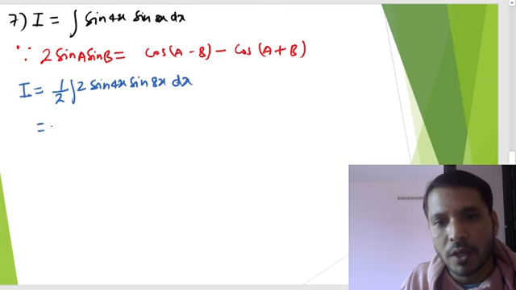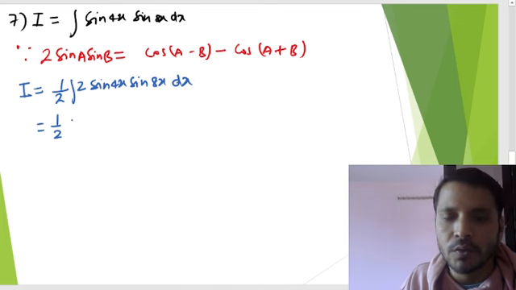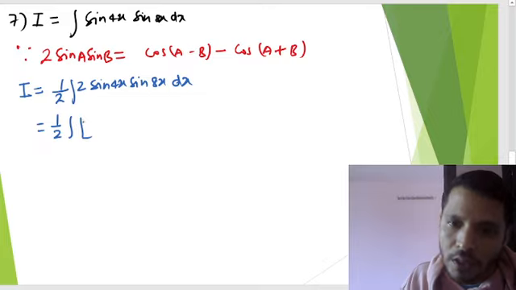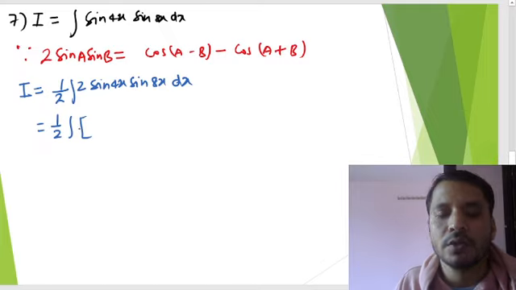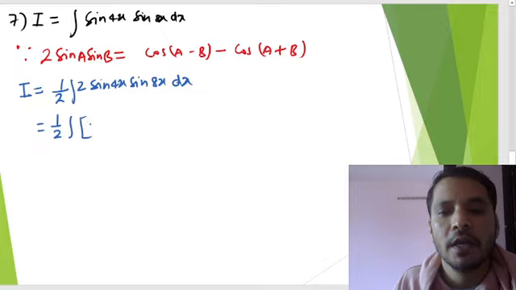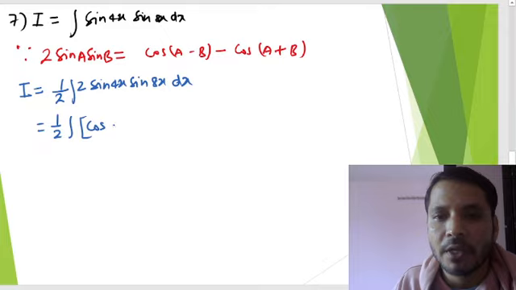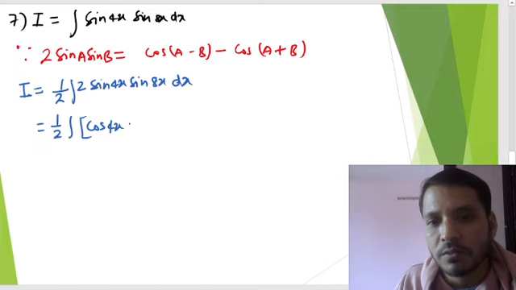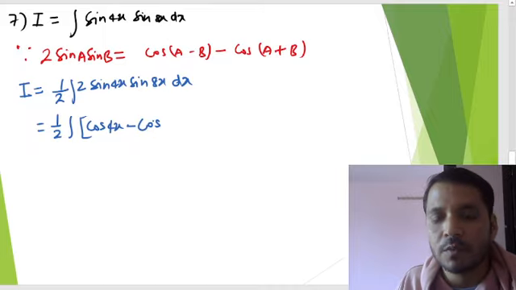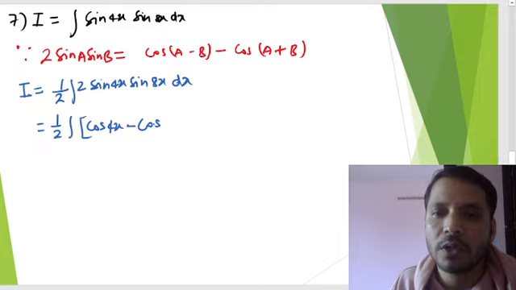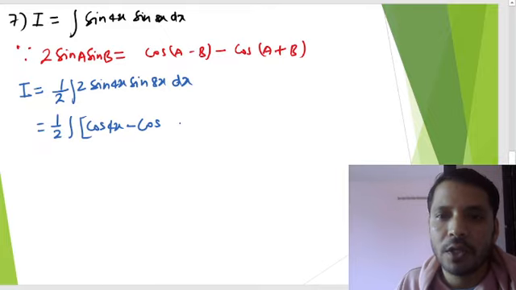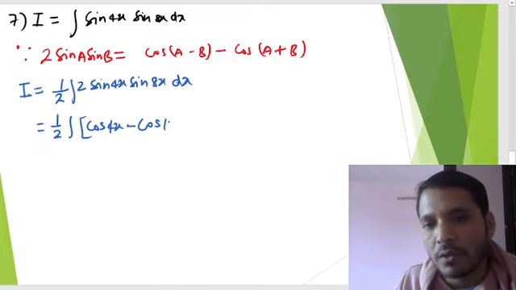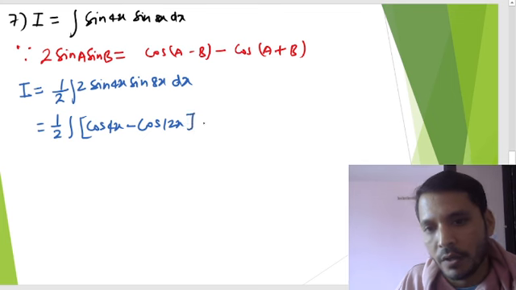Now we can write it as 1 by 2 integral of 2 sin a into sin b, which becomes cos(a minus b), so 4x minus 8x, we write it as plus only, 4x, because plus minus is the same in the case of cos, minus cos of the addition 4 plus 8, which is 12x, into dx.